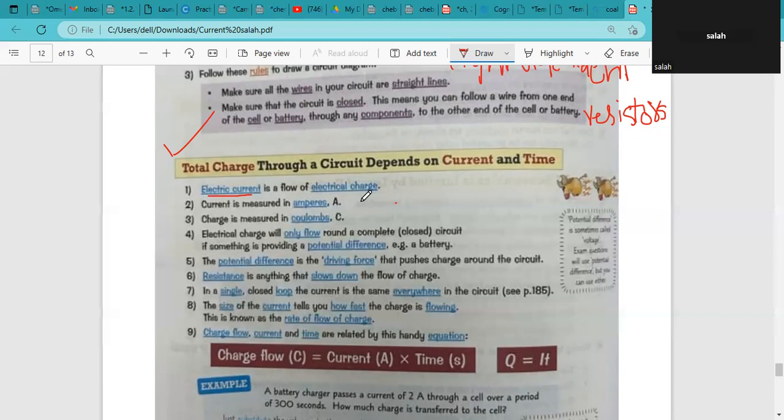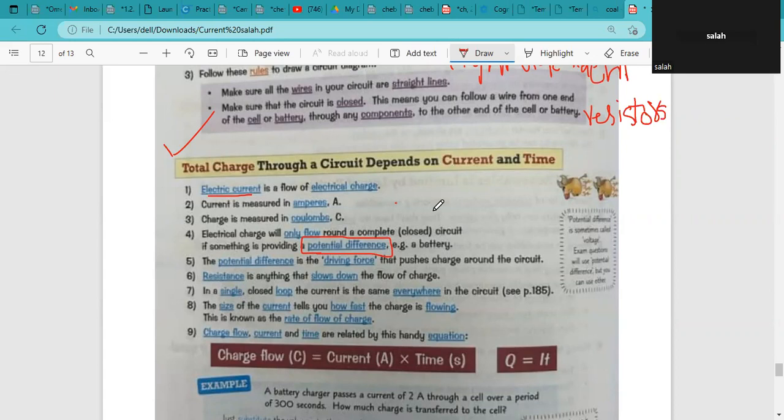But what is the thing which motivates the charge to flow? That's the potential difference provided by a battery or some source, which we will see in detail. This is the driving force which pushes the charge to flow in the circuit.